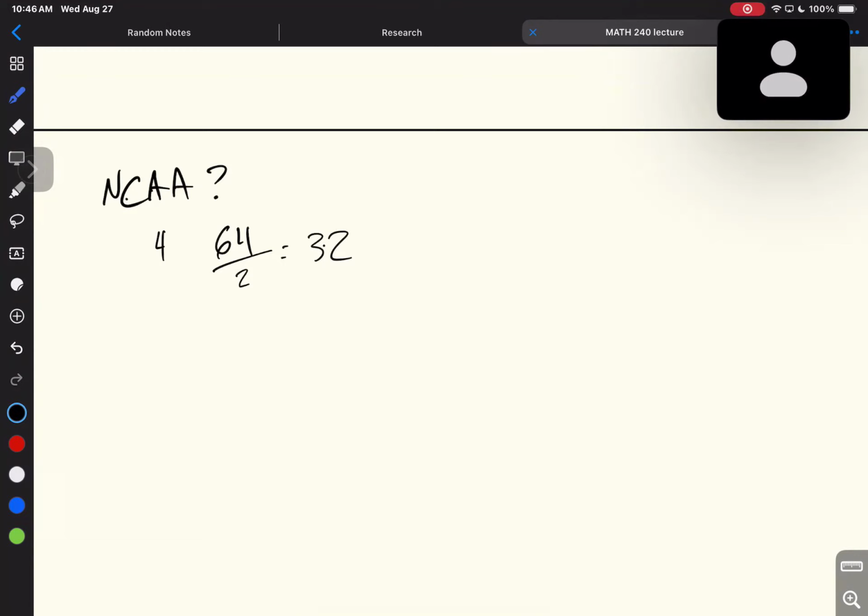And as a result of that, you have 32 teams because it's single elimination. And so 32 teams gives you 16 for the second round, 8, and so on until you've got the final two and then 1.